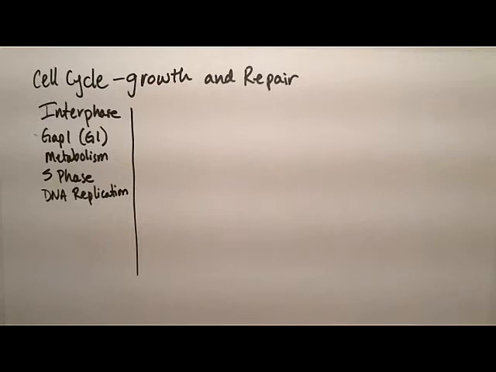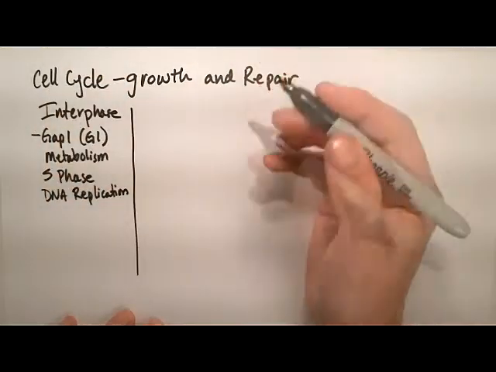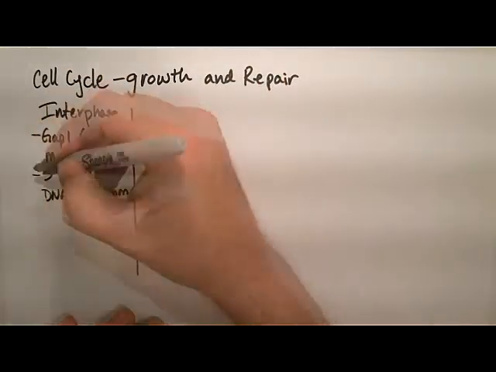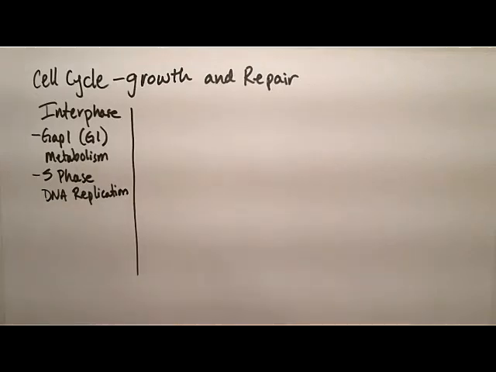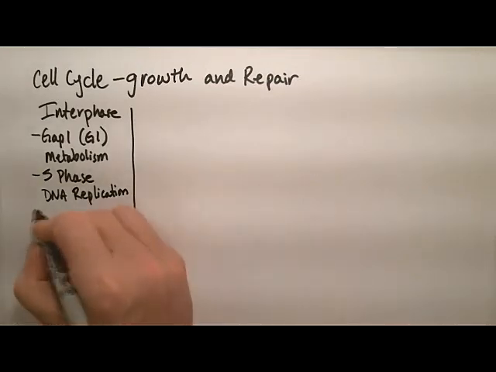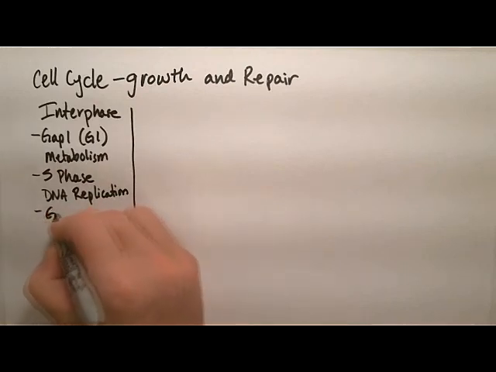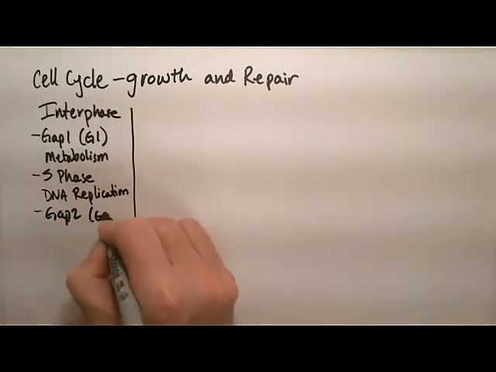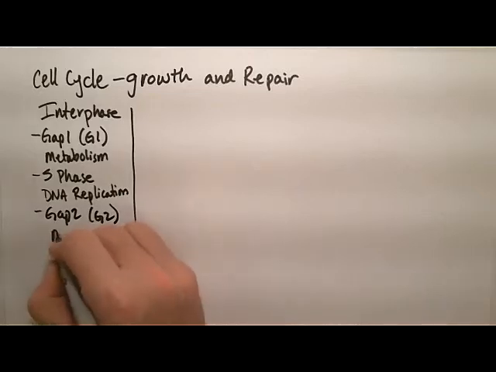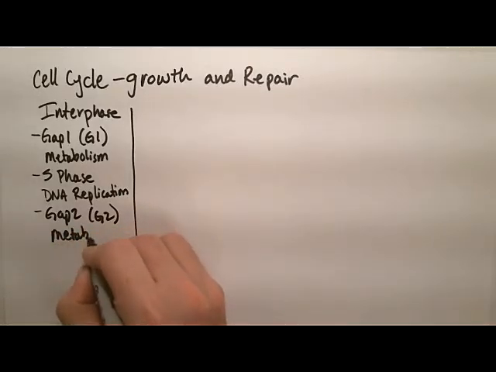So gap 1, metabolism, basic day-to-day stuff. Checkpoint hits, hey, we are going to divide, so we've got to make a copy of the DNA, one copy for each of the new cells or each cell. And then after S phase, then we have gap 2 or G2. And of course, we're going to have some metabolic reactions going.